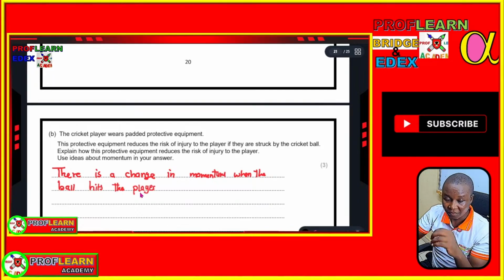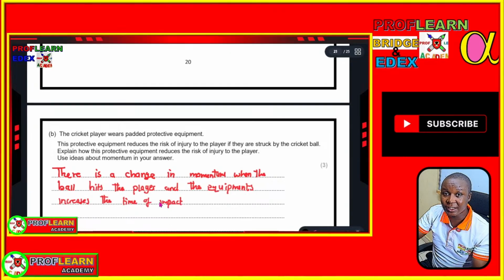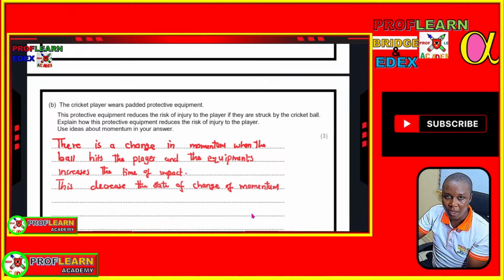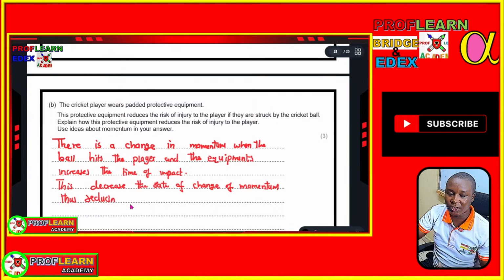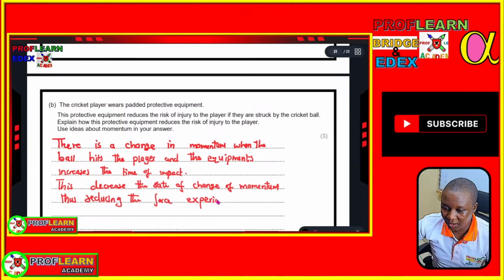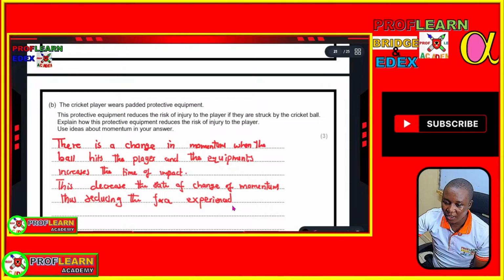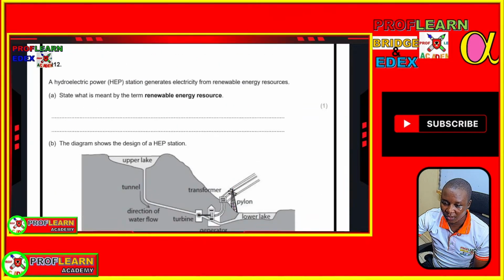There is a change in momentum when the ball hits the player, and these cushioning padded materials increase the time of impact, and this decreases the rate of change of momentum. And when the rate of change of momentum is decreased, the force experienced decreases.